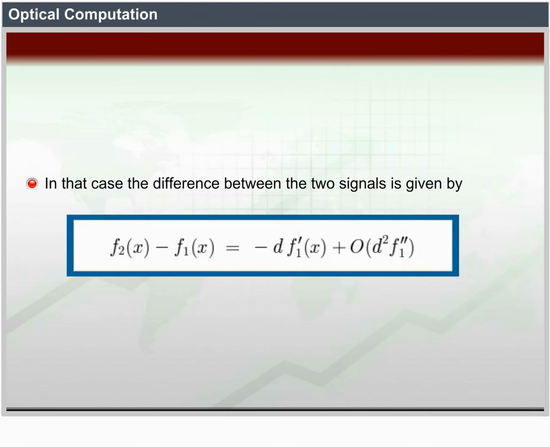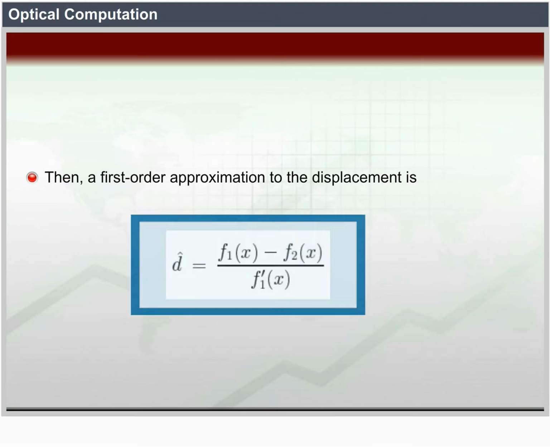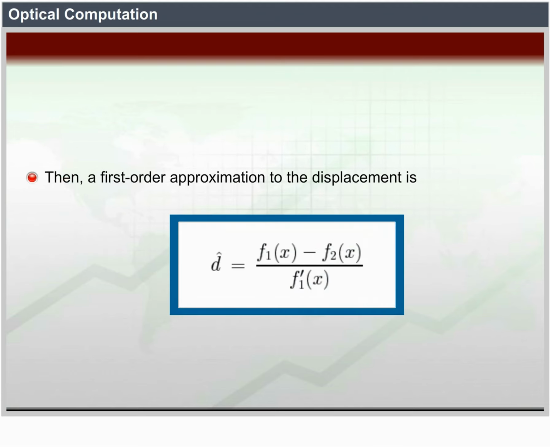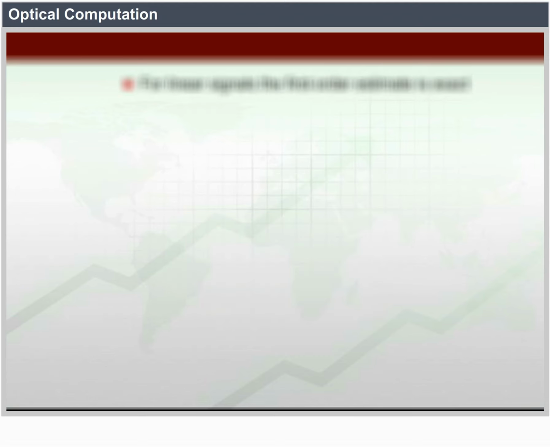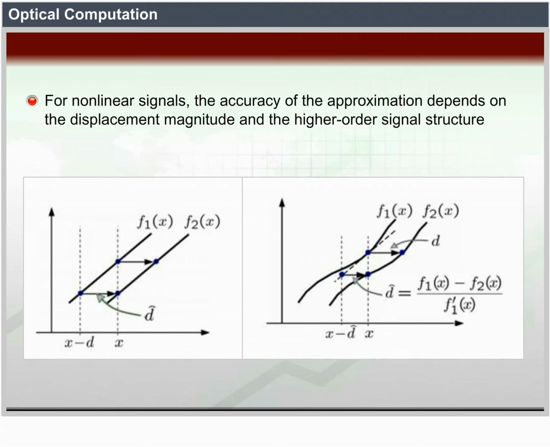Then a first-order approximation to the displacement is. For linear signals, the first-order estimate is exact. For nonlinear signals, the accuracy of the approximation depends on the displacement magnitude and the higher-order signal structure.